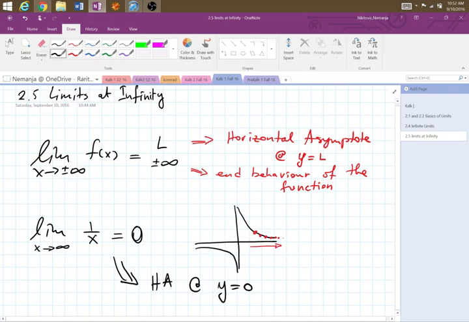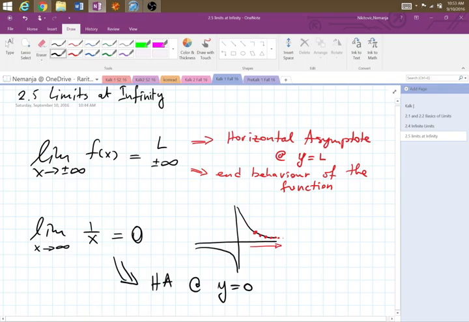So we know what the asymptote is, right? The asymptote is the linear line which the function is approaching indefinitely. My question to you is, can an asymptote be crossed by a function?